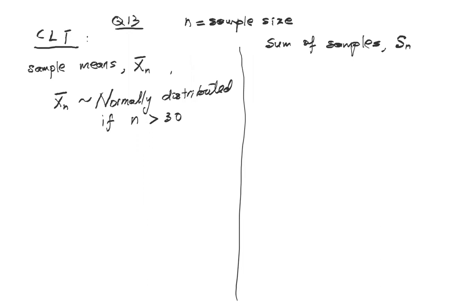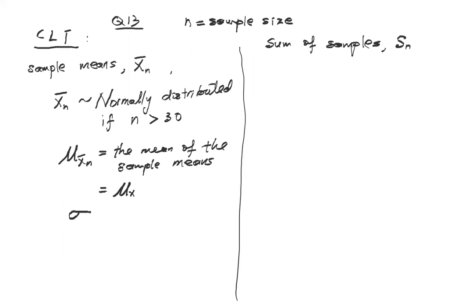The mean of the sample mean will be equal to the population mean, and the standard deviation of the sample mean distribution will be equal to the population standard deviation divided by square root of n.